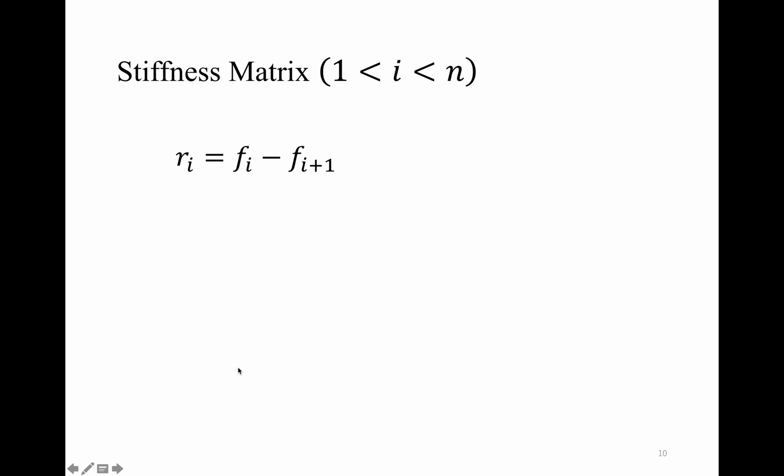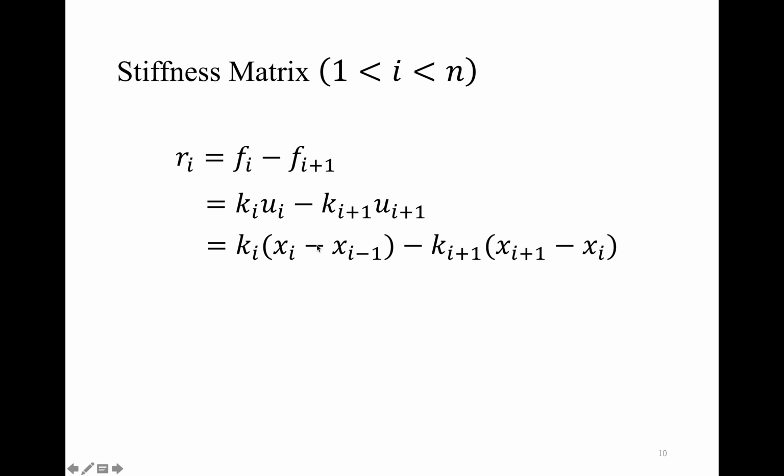So we already know that Ri equals Fi minus F(i+1) for the case that i is larger than 1 and smaller than n. Then they equal Ki Ui minus K(i+1) U(i+1). Further, Ui is xi minus x(i-1), and U(i+1) is x(i+1) minus xi, because i is larger than 1.